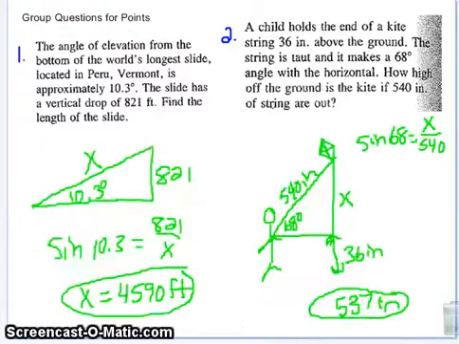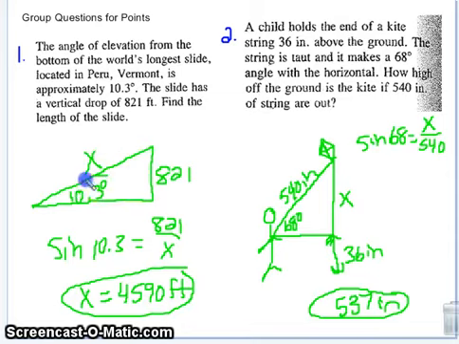All right, so problem number 1 says the angle of elevation from the bottom of the world's longest slide located in Peru is approximately 10.3 degrees. The slide has a vertical drop, and if we have a vertical drop going down, just like a vertical line, I'm trying to draw on my paper, it is going to be this right here, so the vertical drop is 821.